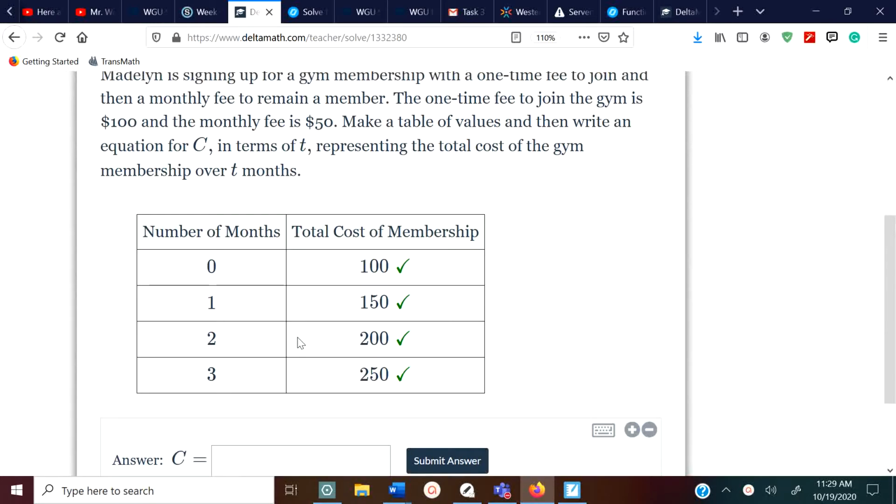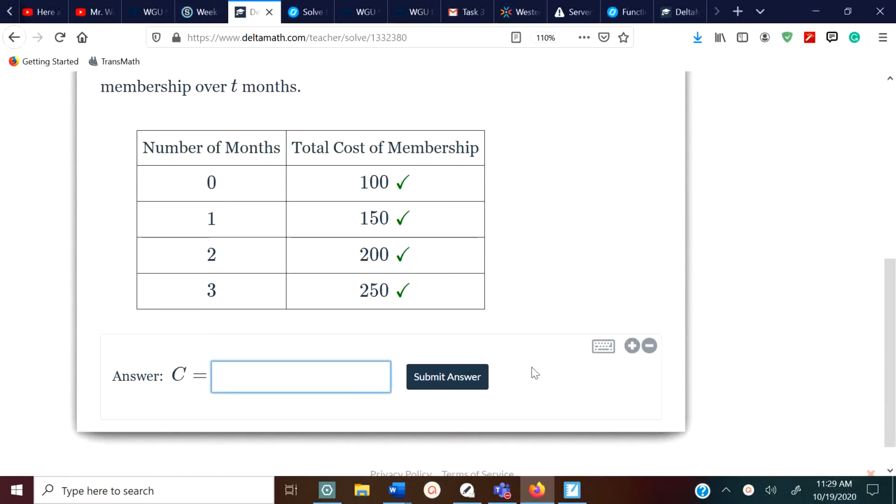Well, the independent variable is the number of months, and the total cost depends on how many months we are there. So you're gonna multiply the months by a constant rate. That constant rate is $50. So you start off with 100. Okay, and then you're going to add $50.